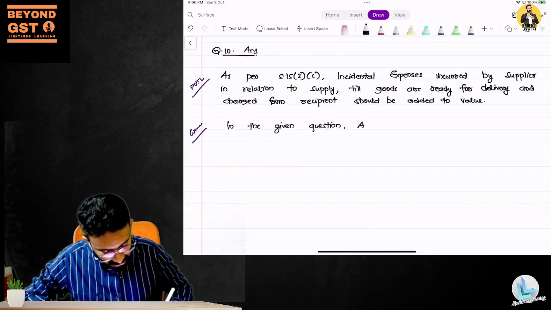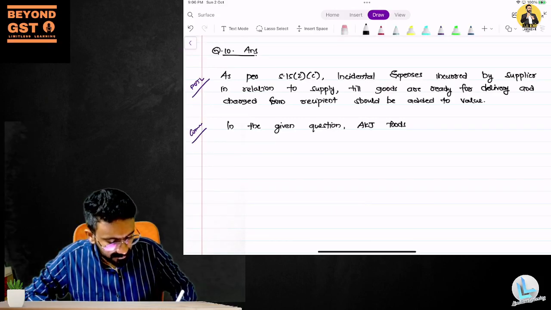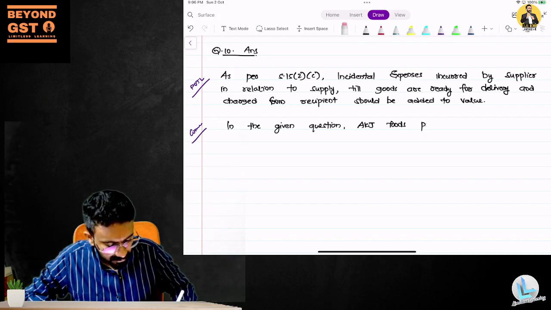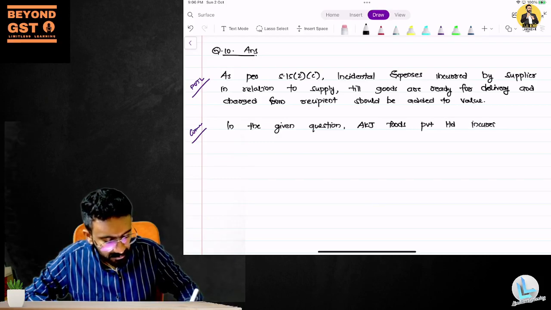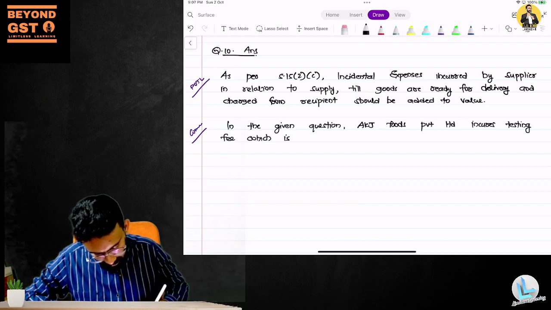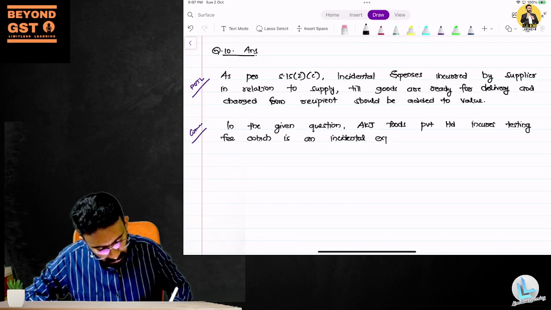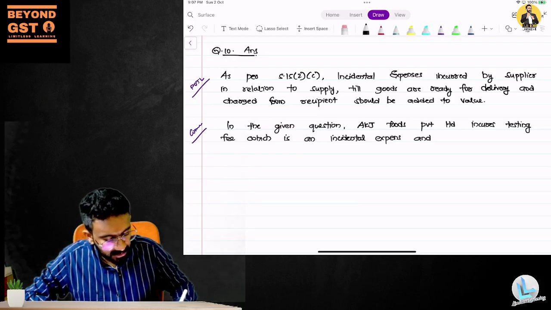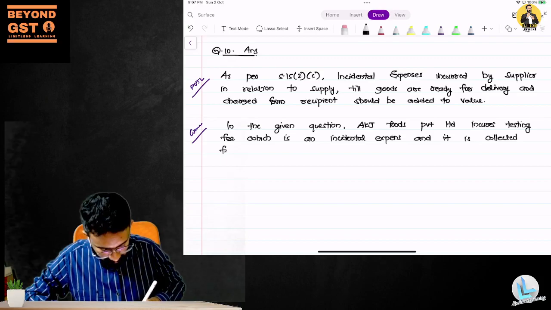In the given question, AKJ Foods Private Limited incurs testing fees, which is an incidental expense, and it is collected from the customer.